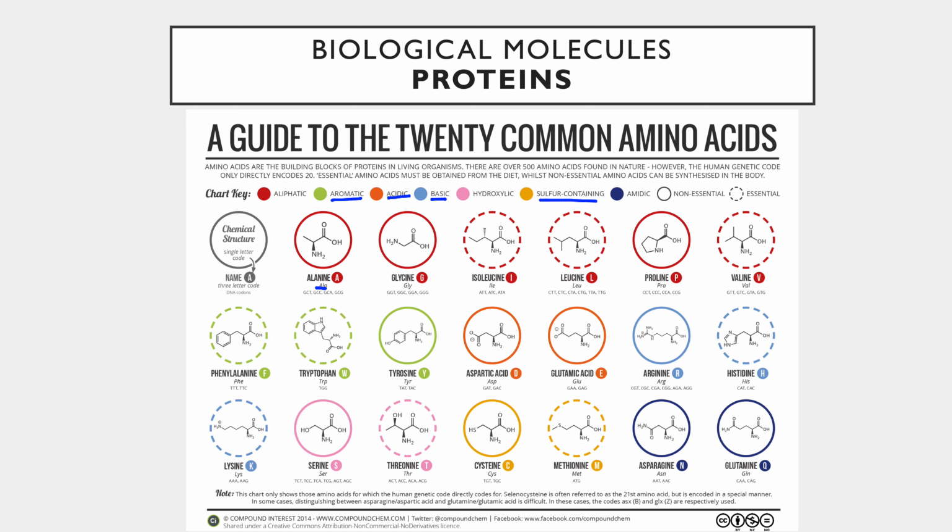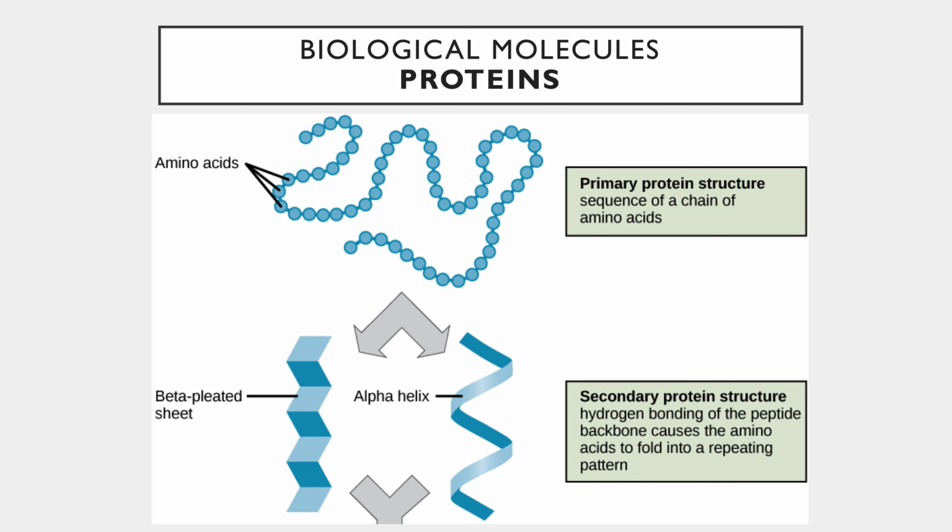So for alanine, ALA is a 3-letter code, or a single letter code. And alanine's single letter code is just capital A. Every single one of the 20 amino acids has their own 3-letter code and single letter code, which we use to build amino acids in the laboratory. So now that you know what an amino acid looks like, let's look at how we fold them and make them functional.